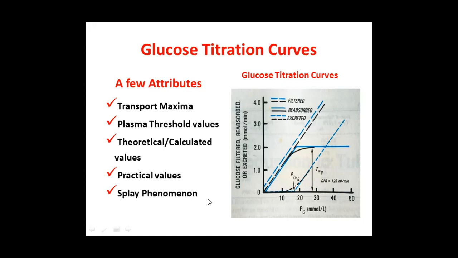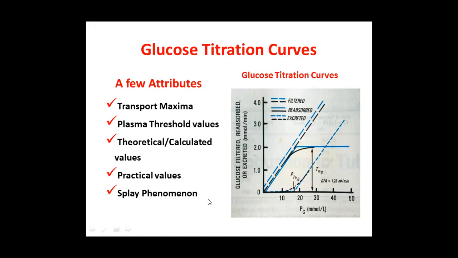The second issue is, whenever this transport is taking place, it is a carrier-mediated transport. So a solute binds with a carrier, and this solute-carrier complex is transported across the membrane.